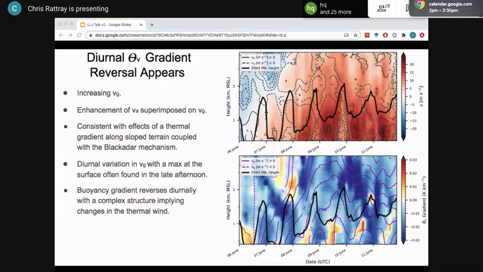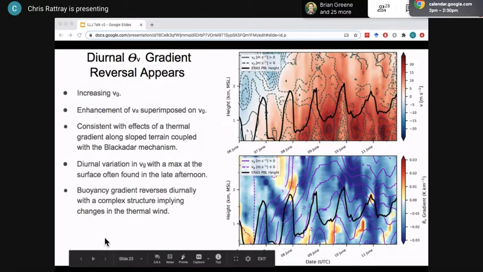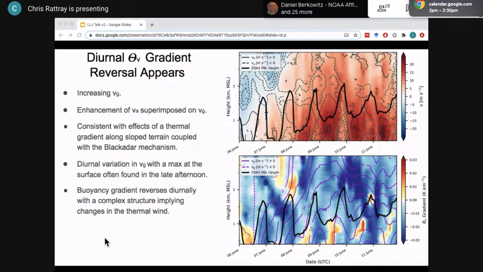So when looking at the southerly winds on the 8th, we see an intensification. On the figure on the right, the top is what was shown before. And on the bottom, this figure shows southerly geostrophic wind as contours and the theta V gradient between the western site and central site.